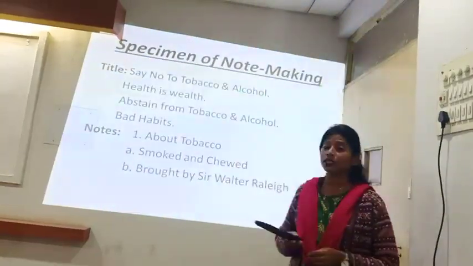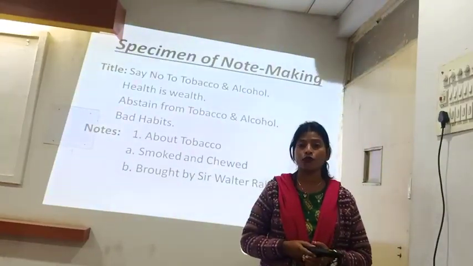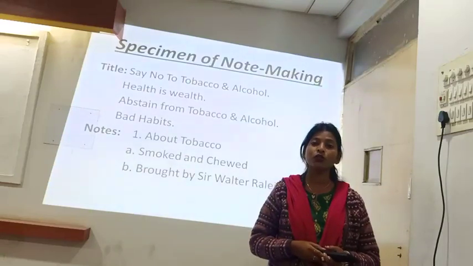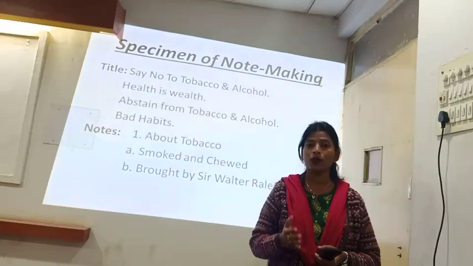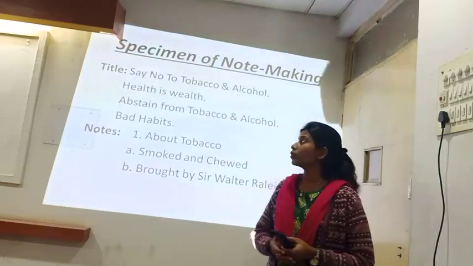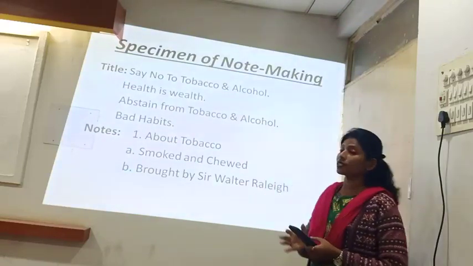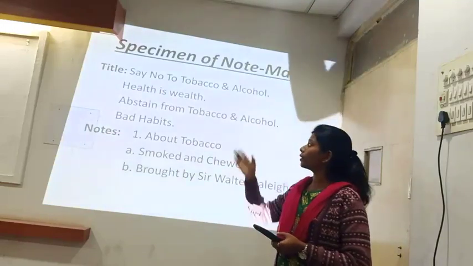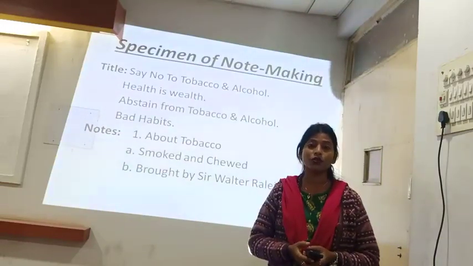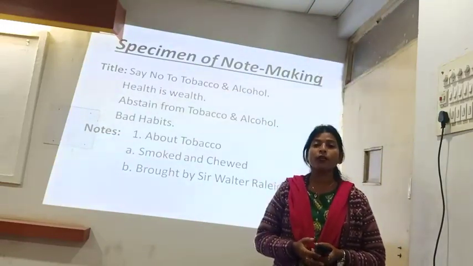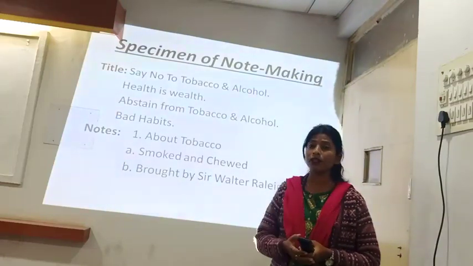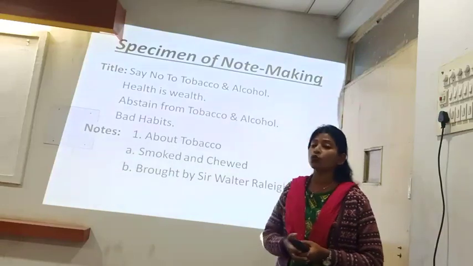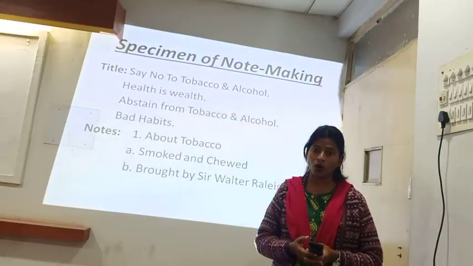Next, let us see the specimen of note making. As I have asked you to read properly the passage about tobacco and alcohol, now here is a specimen of note making, and the first thing I have given is the title. From the given passage I have given the title "Say no to tobacco and alcohol".